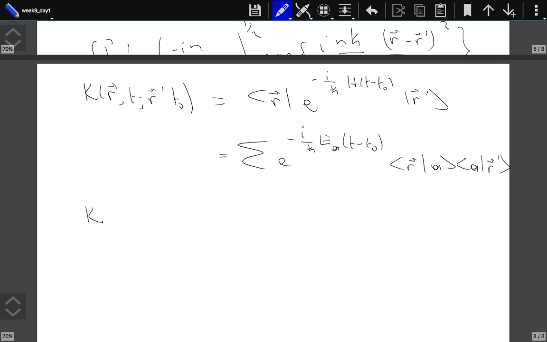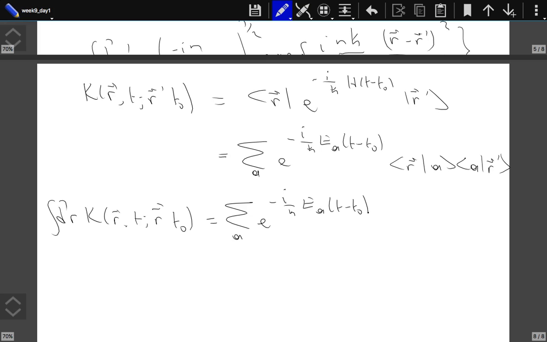Now let me take R and R' to be equal, and then integrate over R. This is a sum over A of e to the power minus i over h bar, E_A (T minus T0).